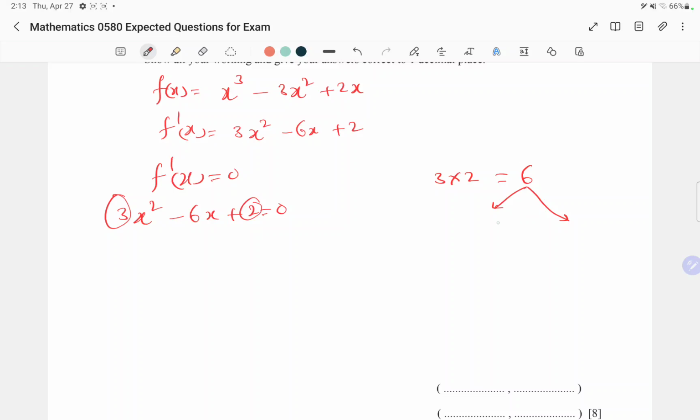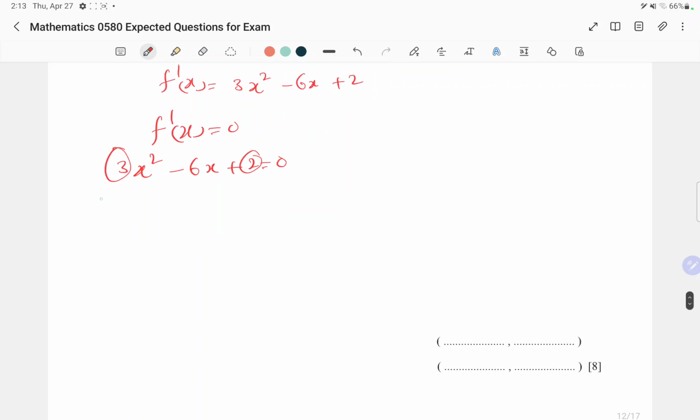How is it possible? If I write 6 times 1, the multiplication is valid, but the addition is not. So here I think factorization is not so easy. So better to go for the quadratic formula.